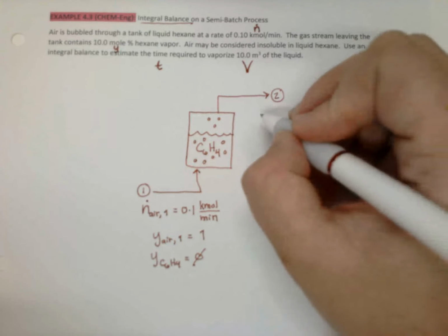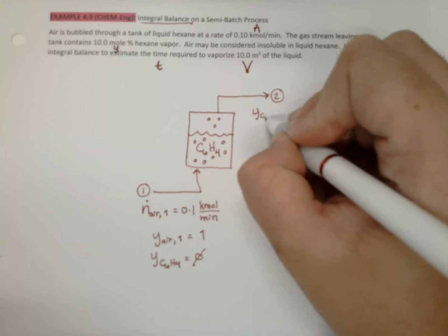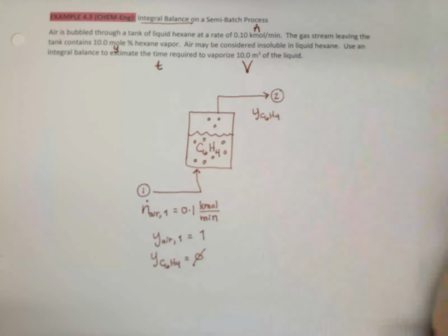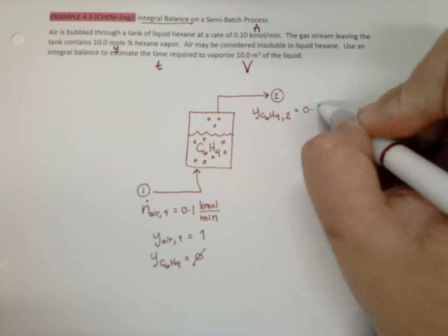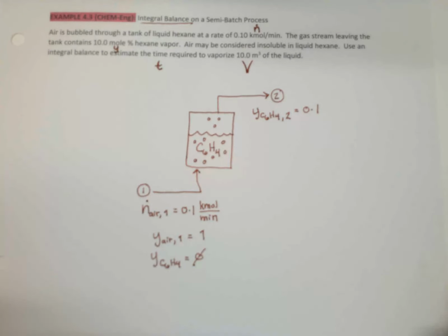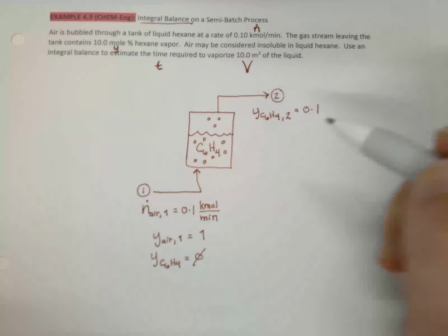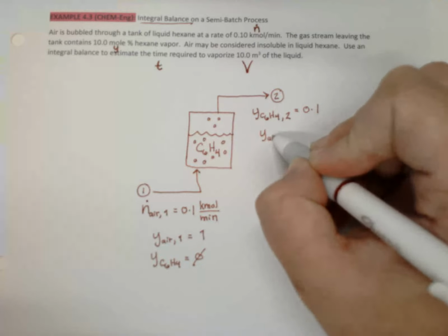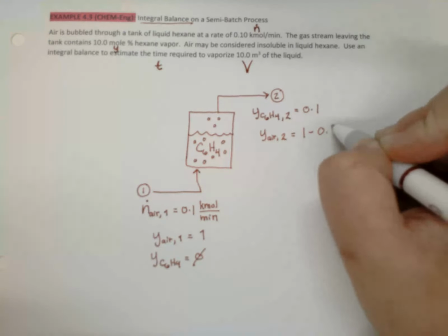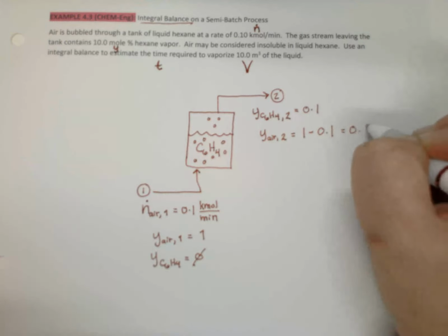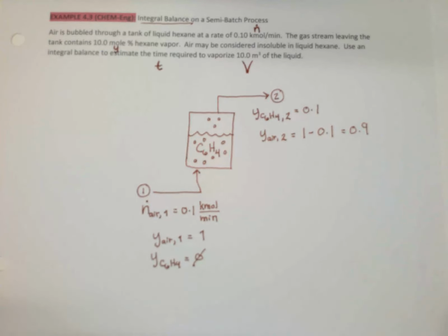Based on what the problem tells us, we have a mole fraction of hexane vapor in 2 equal to 0.1, so 10%. The rest of this gas must be air. So Y of air in 2 is 100% minus that 10%, which gives us 90% air coming out.